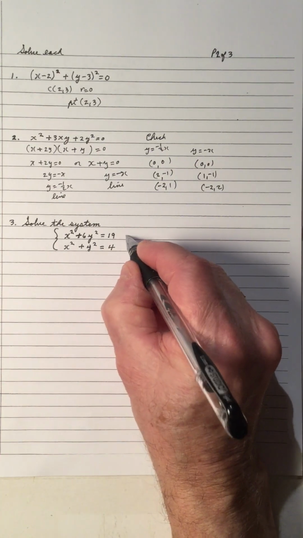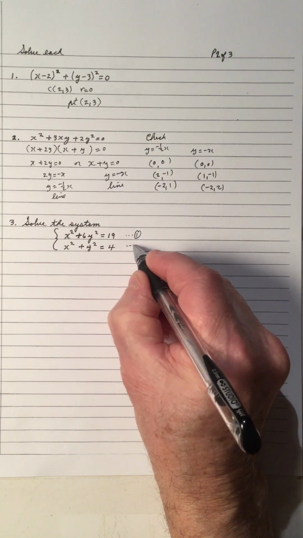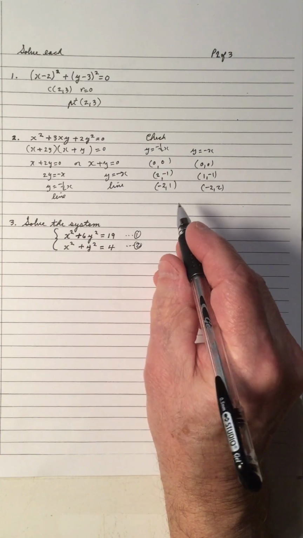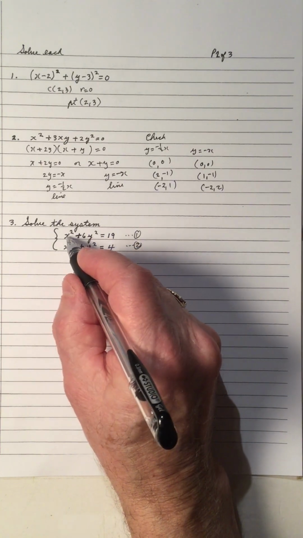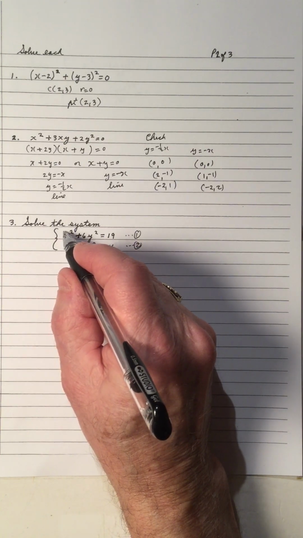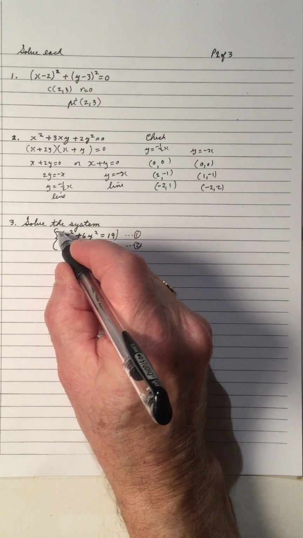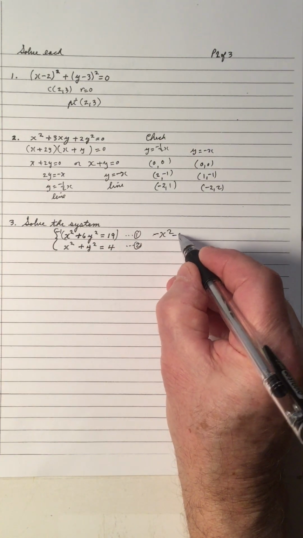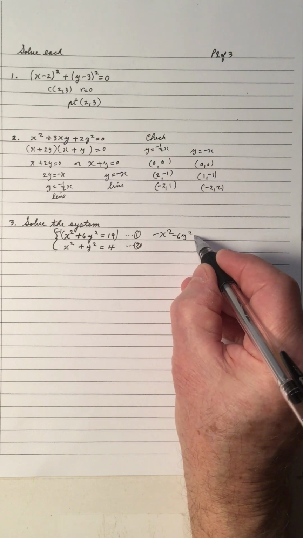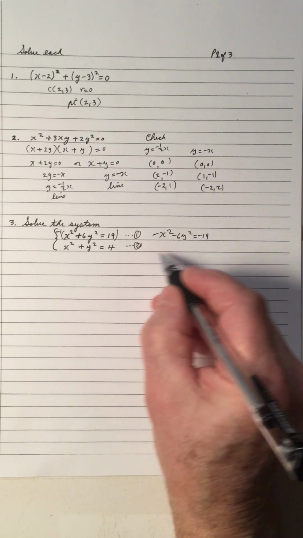If we call this equation 1 and this equation 2, notice the x squareds are the same, so I'm going to multiply the first equation by negative 1. That gives me negative x squared minus 6y squared equals negative 19.